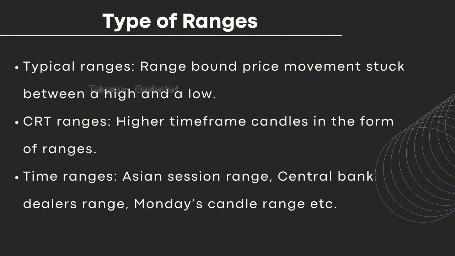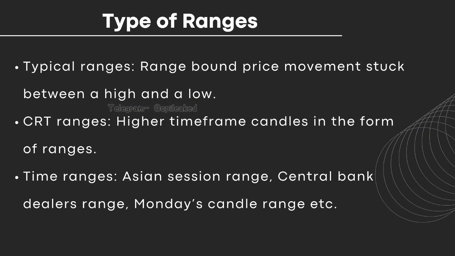And next one we've got is CRT ranges. Now we are aware of these types of ranges as well. These are basically higher time frame specific candles that follow specific protocols that are used as ranges on the lower time frame. Now again, CRT ranges in itself require a whole chapter, and I'll be making a few on it, discussing its details and intricacies. But here's a brief summary of it.